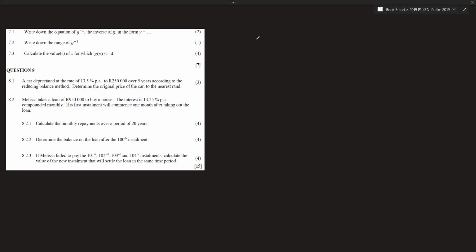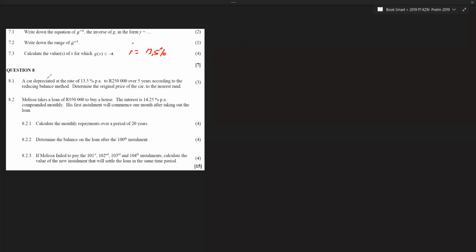So on 8.1, they say a car depreciated at the rate of 13.5% per annum. So per annum, we divide by 1. Usually I just prefer to write the percentage only because division by 1 doesn't make any difference.